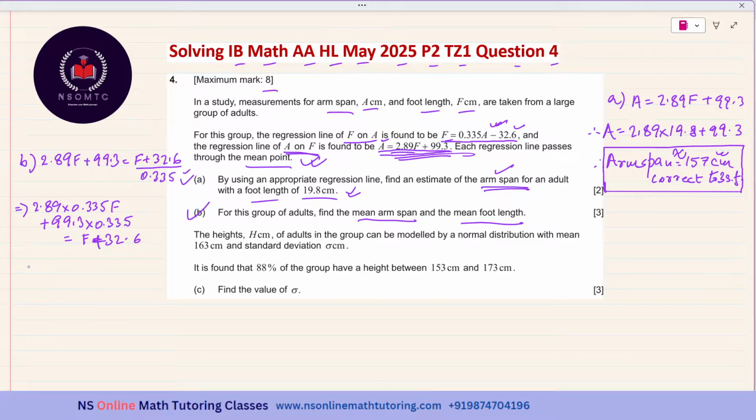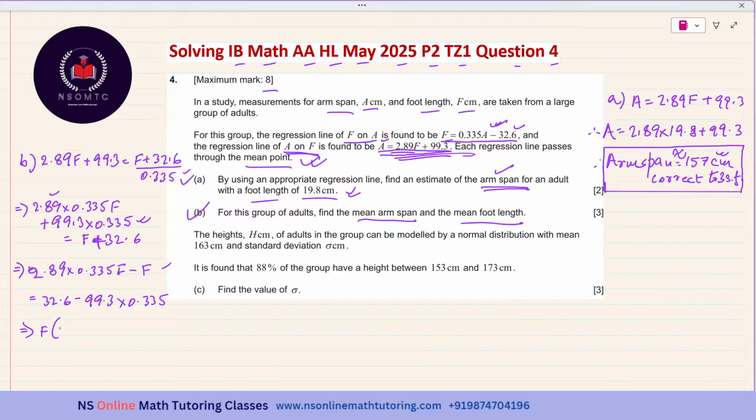So 2.89 times 0.335F minus F, and also we are subtracting this 99.3 times 0.335 from both the sides. So this is equal to 32.6 minus 99.3 times 0.335. Okay.